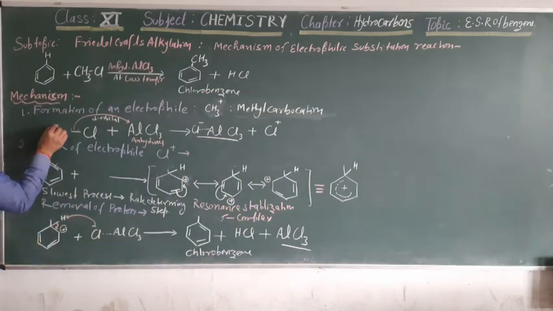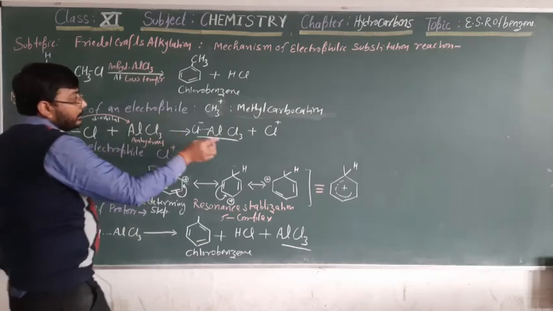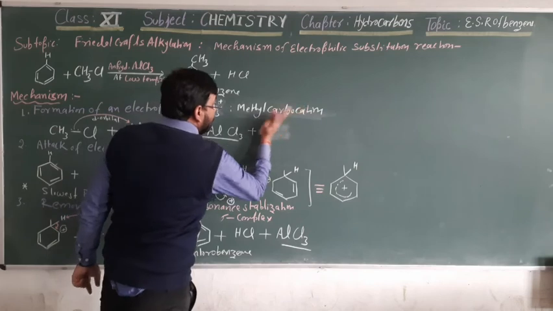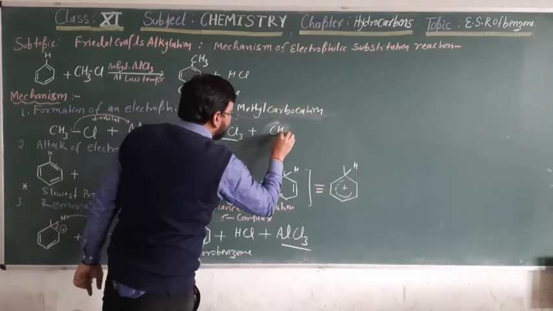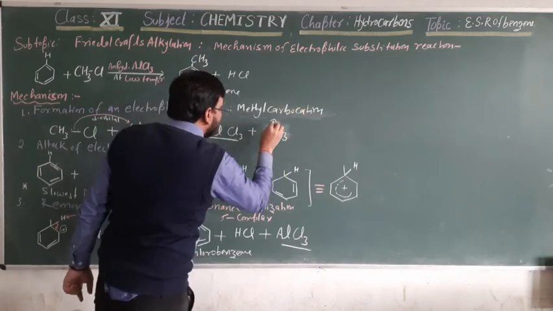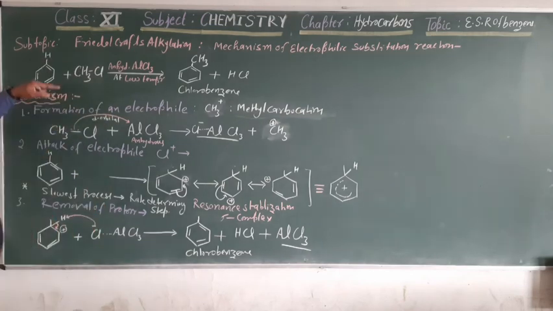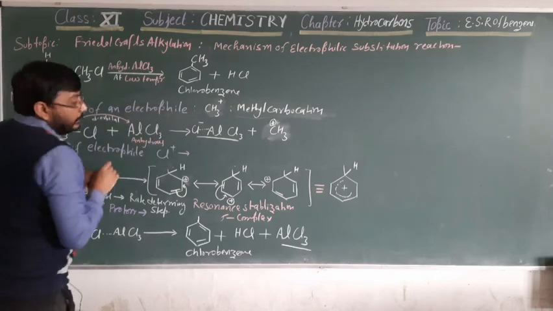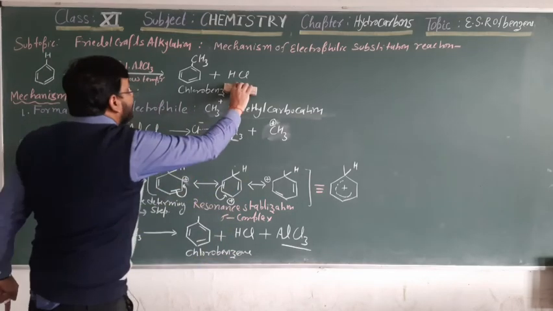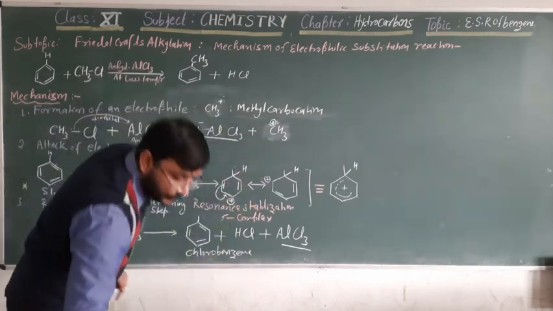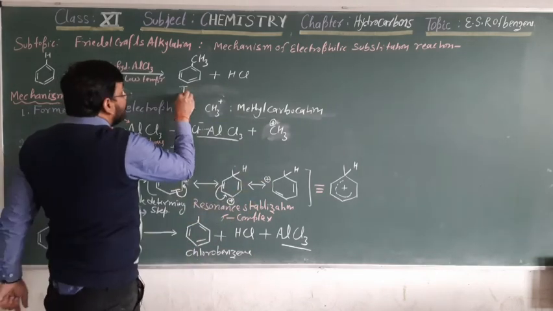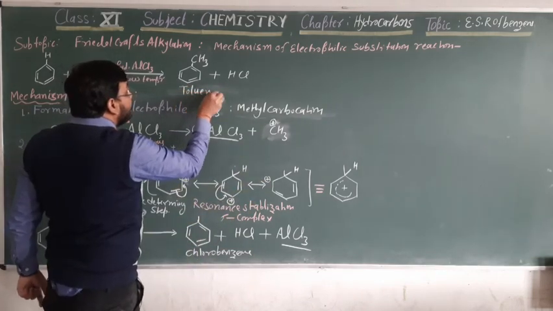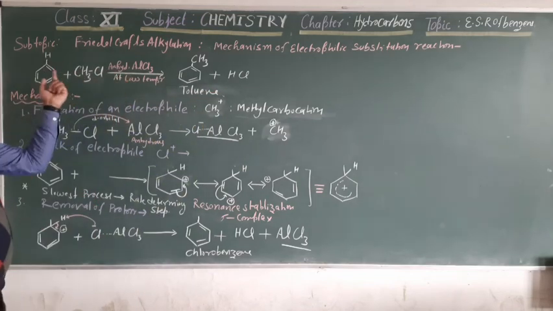Now see, benzene and CH3Cl give the product whose name is toluene. So how does this process take place?